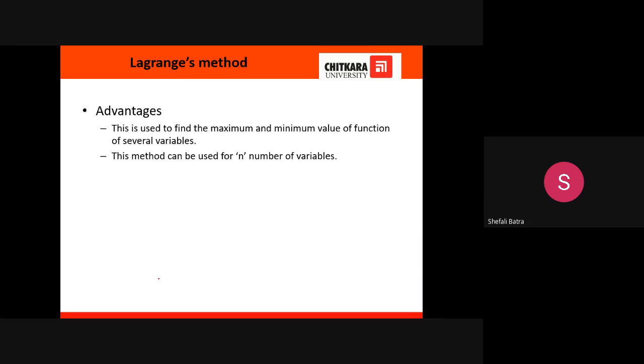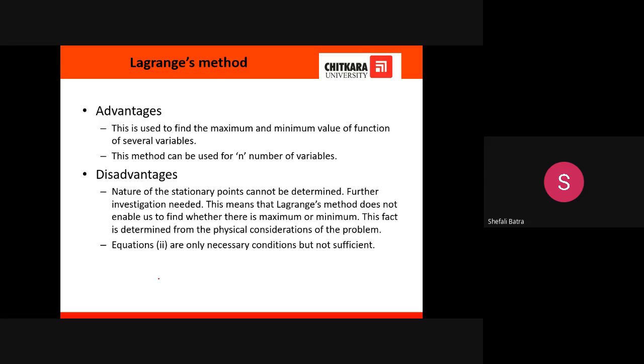We can find the maximum and minimum value of a function of several variables, or we can use it for n number of variables. Disadvantage: this doesn't enable us to find whether the function is maximum or minimum. We can determine that on the basis of physical considerations. And the equation 2 conditions are necessary conditions, not sufficient.